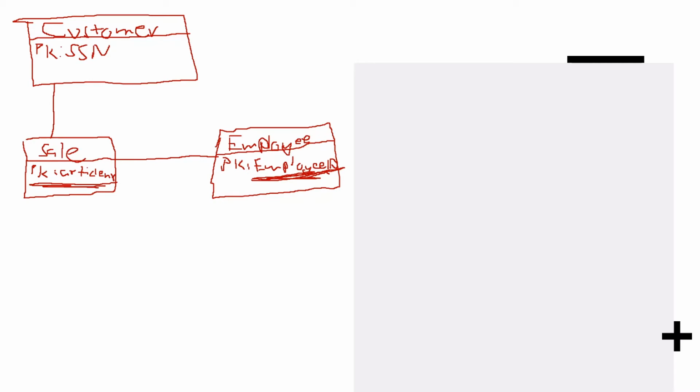We got a customer, and they're going to be buying something through a sale, and the employee is going to be facilitating that sale. So, can we easily describe this to the customer? The answer to this is, of course, yes. I think any customer that has a sale-oriented business is going to be able to understand our database here.